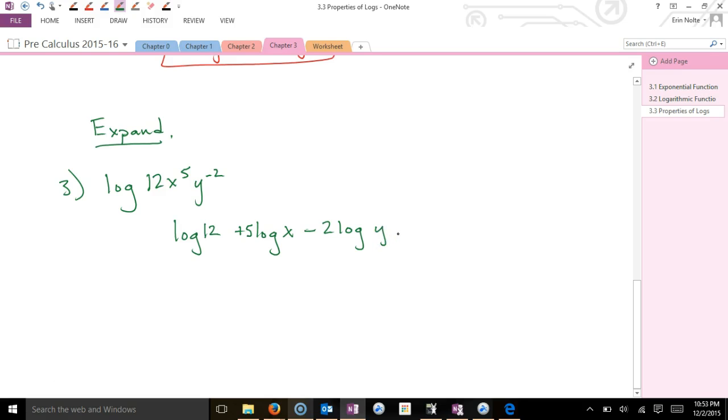So kind of an interesting thing on this example. If you were going to take that and condense it, what would the condensed version look like? So if I was condensing it. Close, but what would you do with the y piece? The y would be divided. Okay, so if you condensed it, it would be 12x to the 5th over y squared.